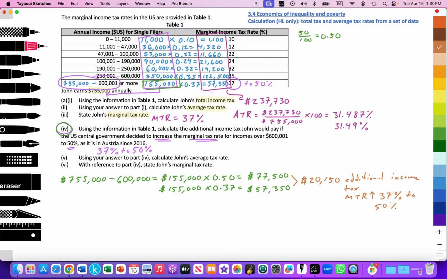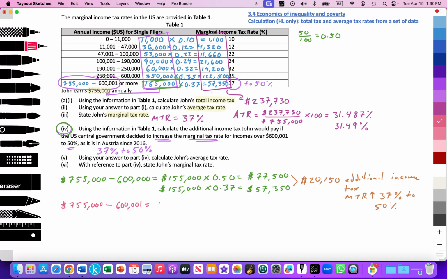Okay, what's another way of approaching this question? Another way could be this, and this would be accepted as well. Either one would be accepted. Other students might approach this and say 755,000 minus 600,001, not rounding, but just sticking with what you've got.